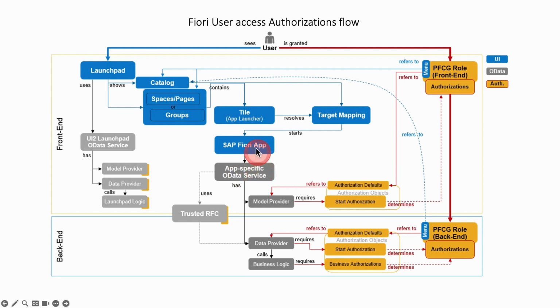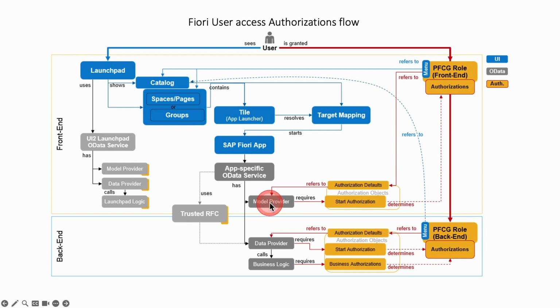Now depending on the configuration, if you are using the embedded system, both your front end and back end are in the same system, so there is no trusted RFC connection in that case. But if you are using a gateway deployment, the system then triggers a call via trusted RFC, and it goes into the backend system and checks for the required authorizations, the PFCG authorizations for the app to load data.